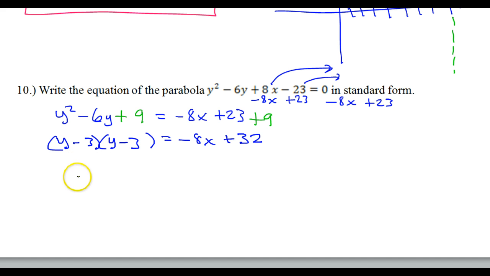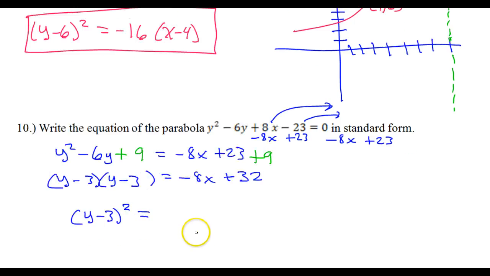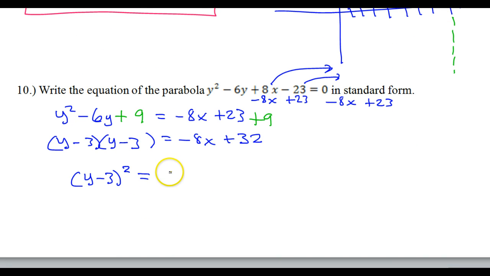So over here, I will now write this as (y − 3)² as we ease ourselves into standard form. Now look at this as an example of how the standard form for a parabola works. I have the parentheses over here squared, and even though they're not squared, I still have parentheses over here. So I need to factor out the GCF here, and in fact any coefficient, whether it's a common factor or not.